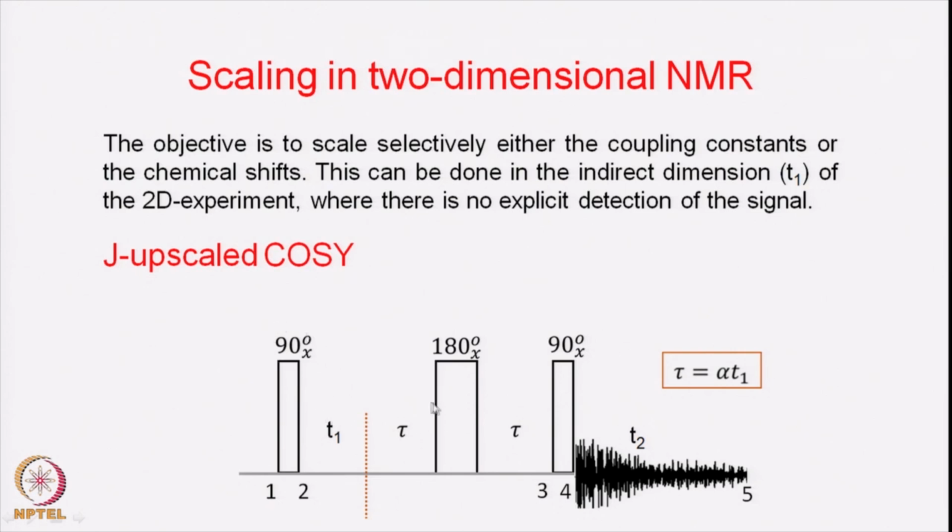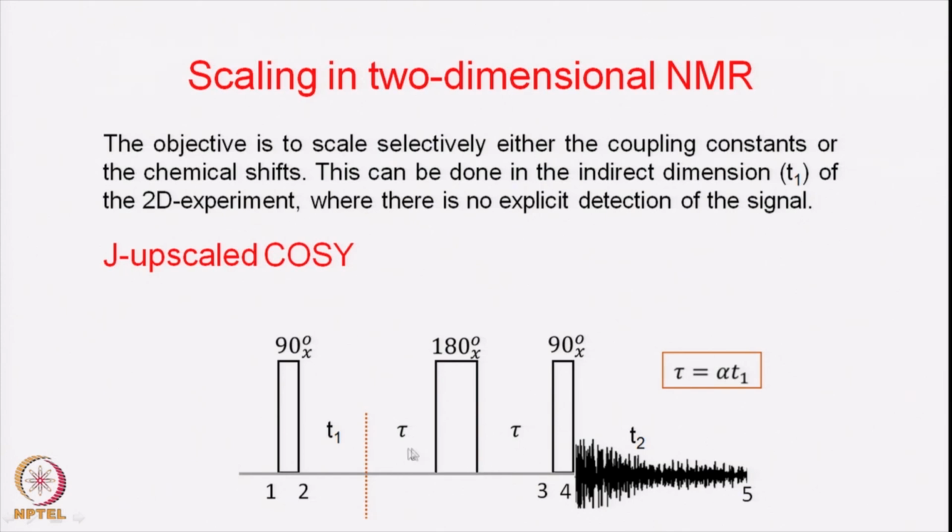In this particular case, we will see that the J's will appear upscaled, and the pulse sequence is as follows. You have the 90-degree pulse, and this will be followed by the t1 evolution period, and that will be followed by an extension of the evolution period, which consists of tau 180 tau, and then you have the detection pulse, the 90-degree x pulse as in the COSY.